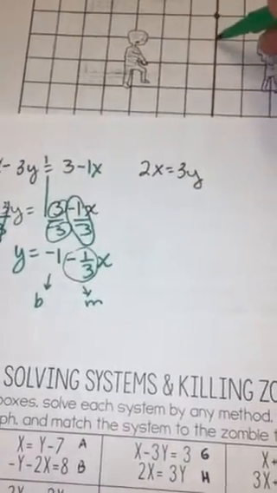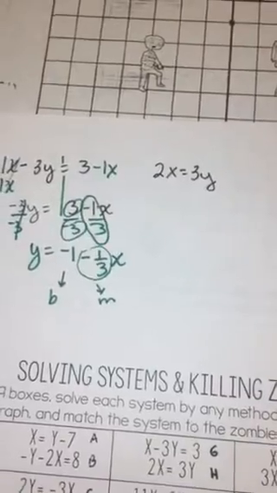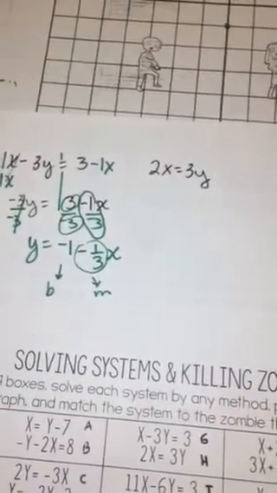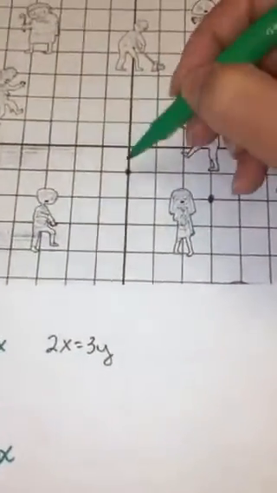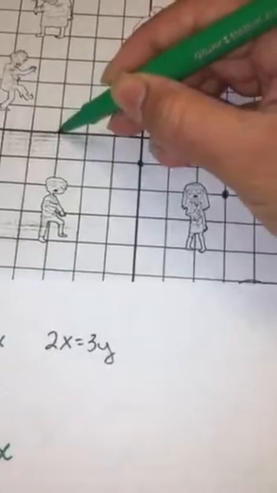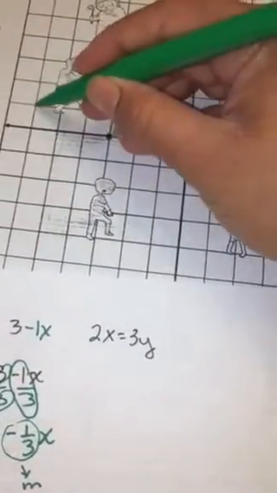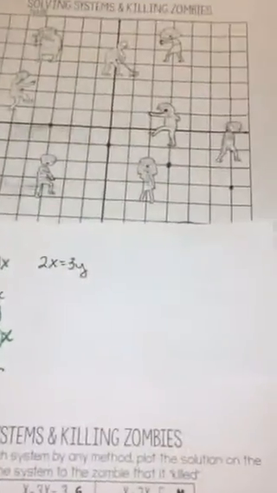So you're just going to go down 1, right 3, down 1, right 3. The opposite of down and right is up and left. So you can also do up 1, left 3, up 1, left 3. Okay, you see that? So now you connect them.